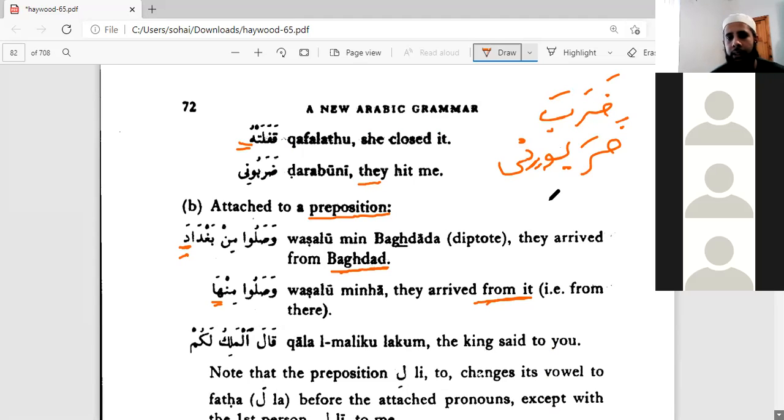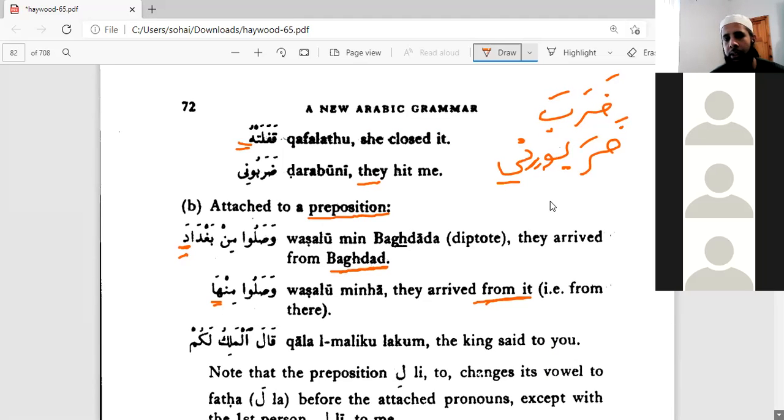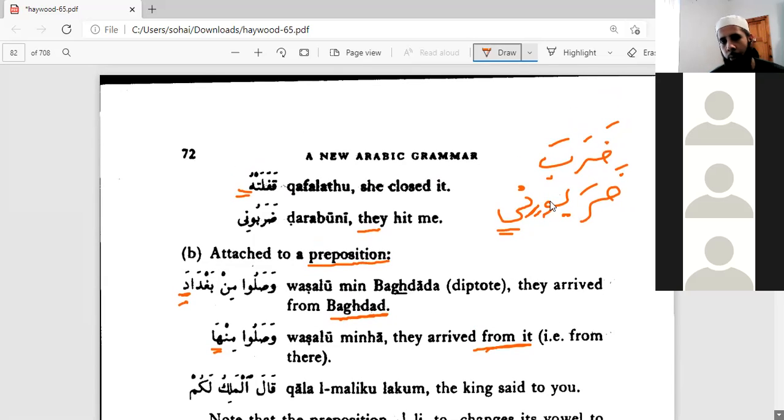Because what you can't do, as you mentioned, that's good, let me point it out. You can't say Darabu Anna. That's wrong. You can't use a verb and then have the subject be a separate pronoun.